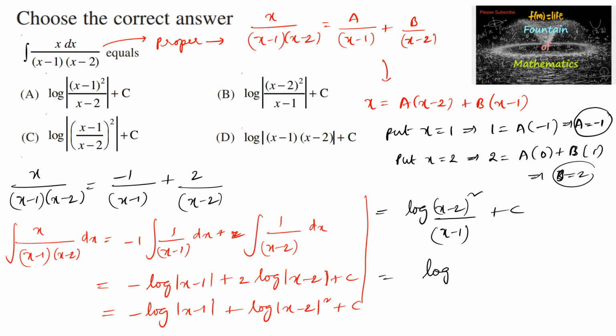So the answer is log mod of (x minus 2) whole square upon (x minus 1) plus c.